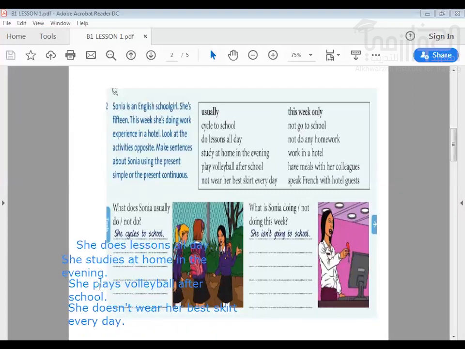So this is how we can change the sentences into simple present or present simple.